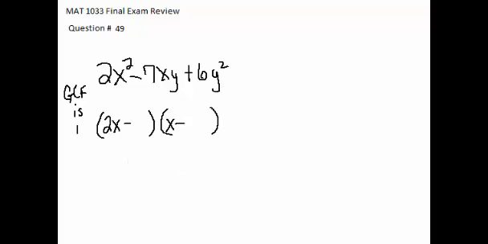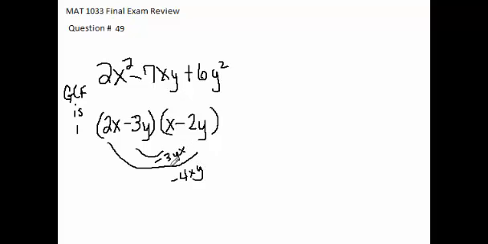How about if we switch it around and put the 6y here and the 1y there, and then try the middle again. Negative 6yx minus 2xy, that's negative 8. We want negative 7, so that doesn't work either. So we'll have to get rid of that.